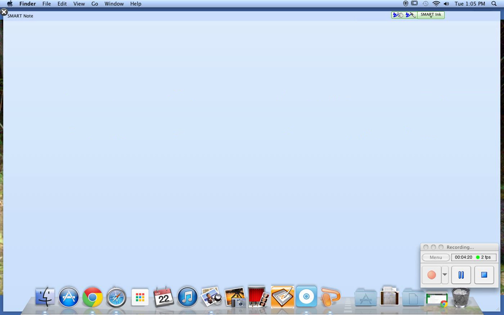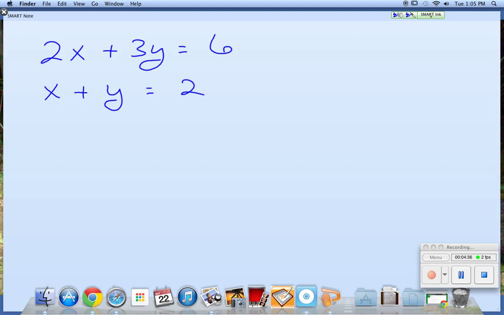I want to do another one like this, and I'm going to throw one up here: 2x plus 3y equals 6, and x plus y equals 2. I don't know what this comes up as. I have no clue; we're probably going to come up with fractions. But I want you to take some time.